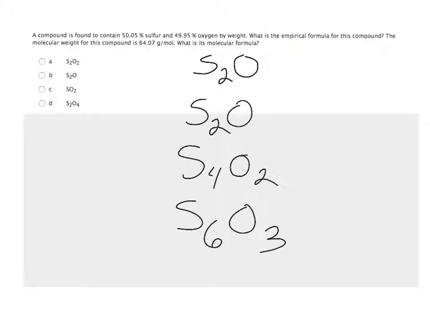Okay, these are all multiples of the empirical formula, and that's what a molecular formula is. It tells us the exact amount of each element in the compound, not just the lowest whole number ratio.